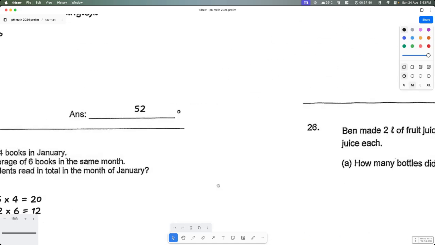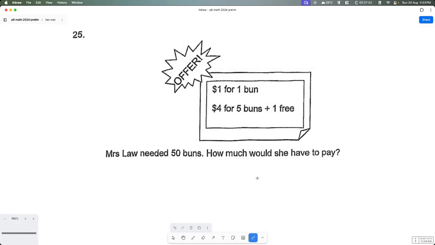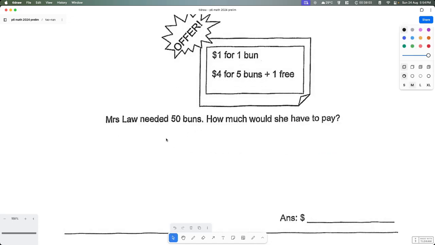All right, let's move on to question 25. The offer is $1 for one bun, $4 for five buns plus one free. Mrs. Law needed 50 buns. How much would she have to pay? Okay, so we know that she needed 50 buns, so $4 is equal to 5 plus 1, which is 6 buns.